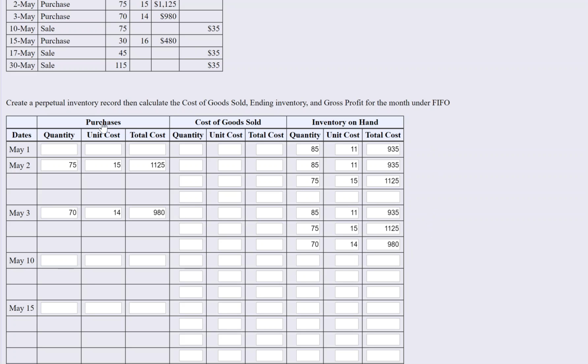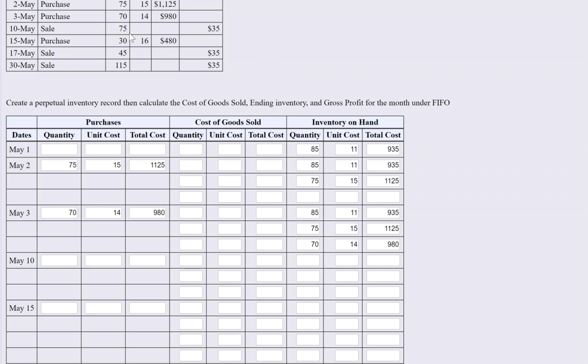But so I'm going to sell. This is for purchases. No, I don't need to fill that in. Cost of goods sold. This is extremely important. Selling 75 units, first in, first out. Well, this is what I have in inventory. What does first in, first out stand for? Well, the first items in, I assume to be the first ones to be sold. Assume. It doesn't necessarily have to follow the actual physical flow of inventory, but this is what we are assuming under FIFO.